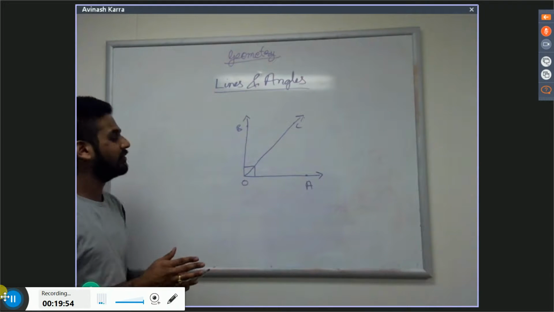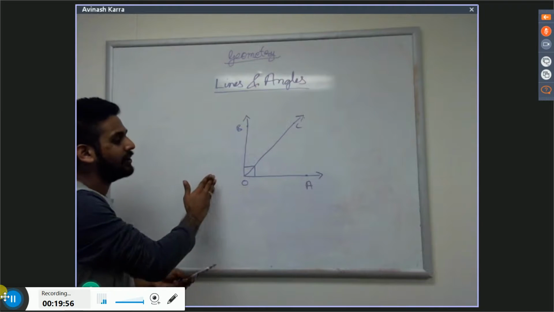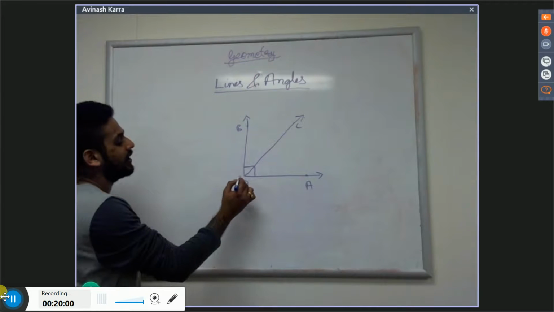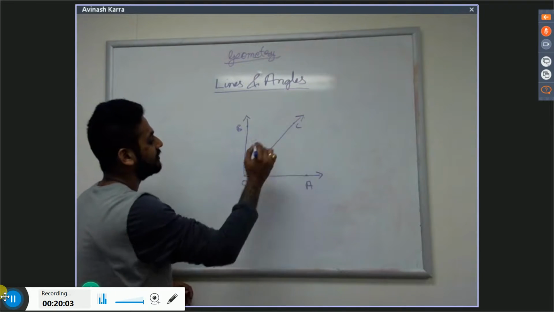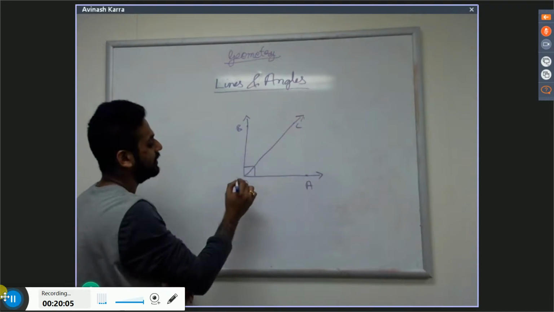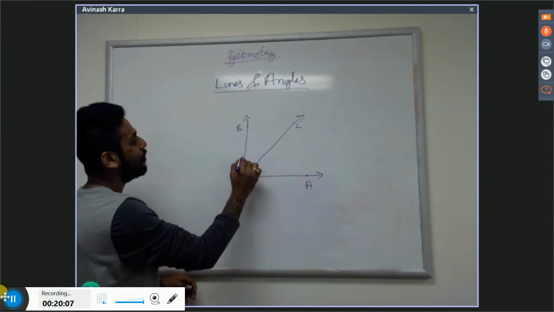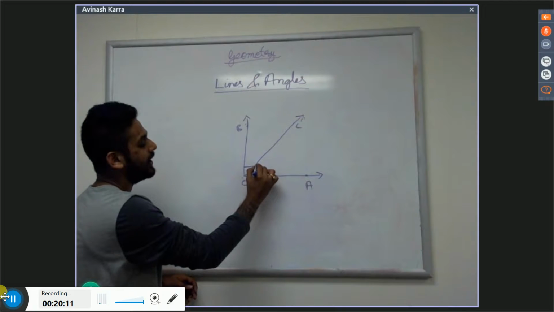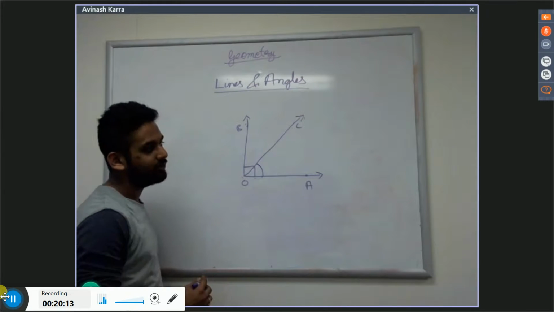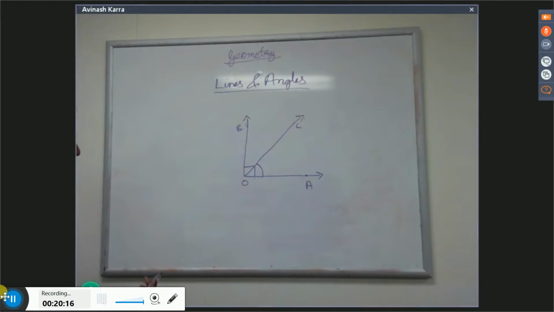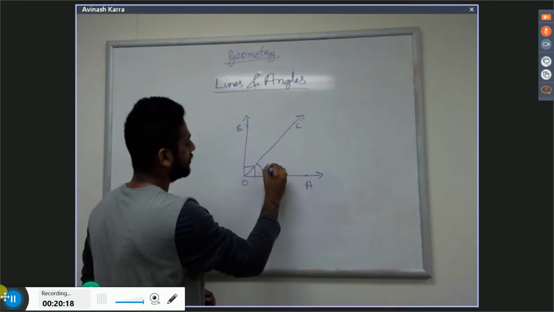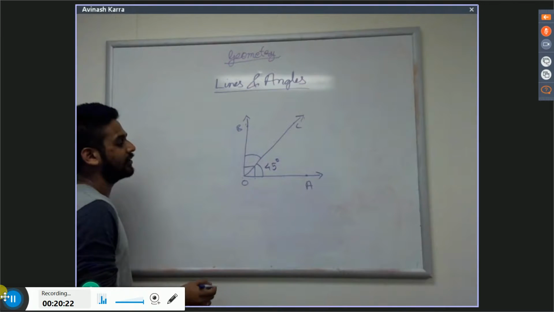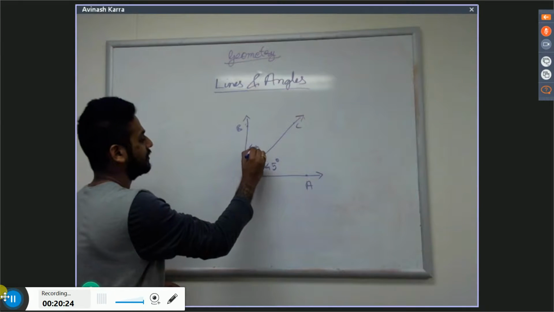What is a bisector? A bisector is nothing but it divides into two equal parts. If OC is a bisector and angle AOB is 90 degrees, then what will be the angle AOC? Any one of you guys? 45 degrees. Perfect. And what about this? 45 degrees. Perfect.